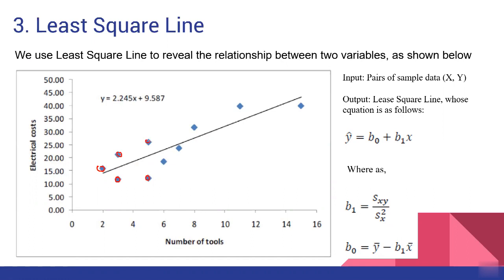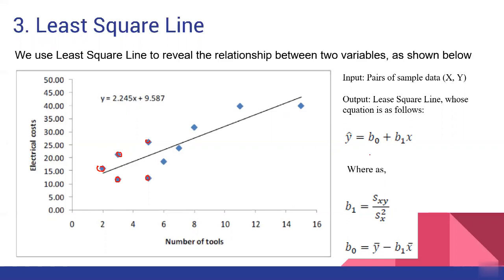The least squared line is a straight line whose average distance between this line and these points is least. We're not going to discuss how we can find this line in grade 12. Probably you will learn this in your university study.